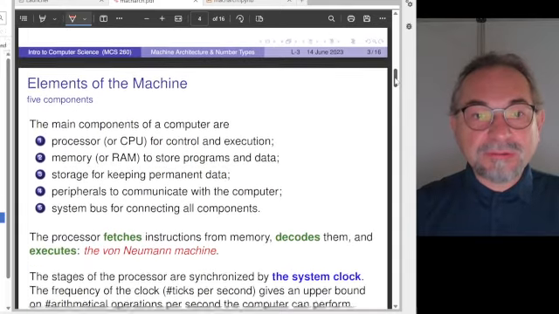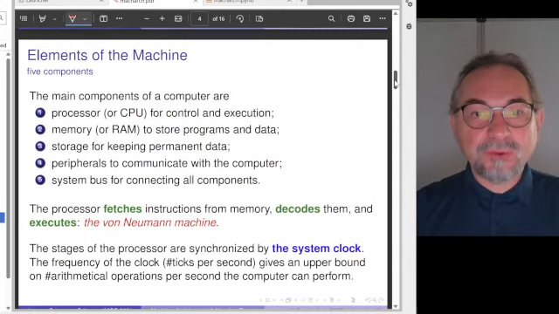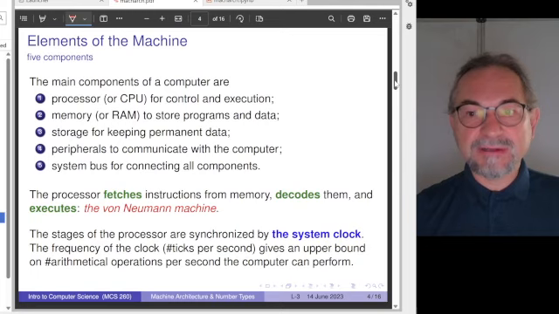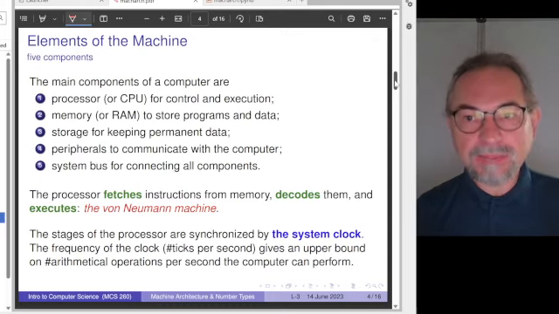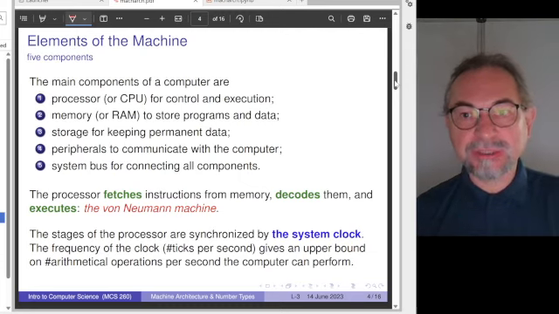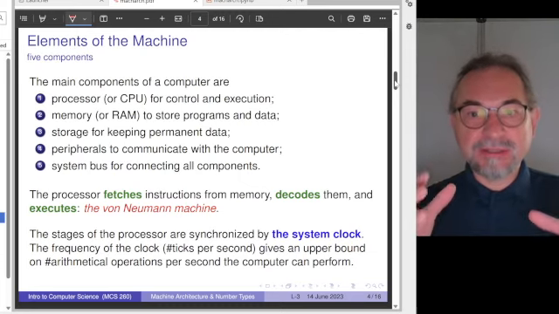Nevertheless, the concept of the von Neumann machine is still very relevant today. The original design of the computer was keeping data and instructions and treating them the same.